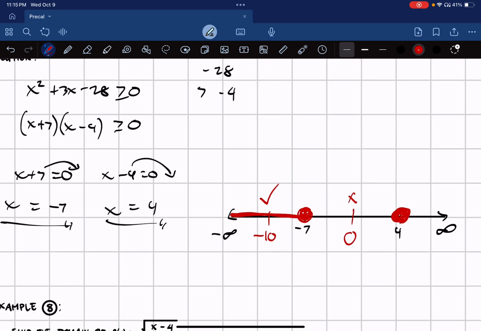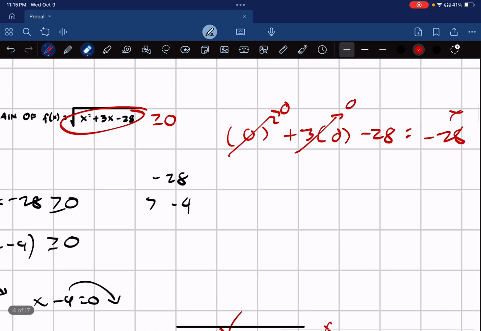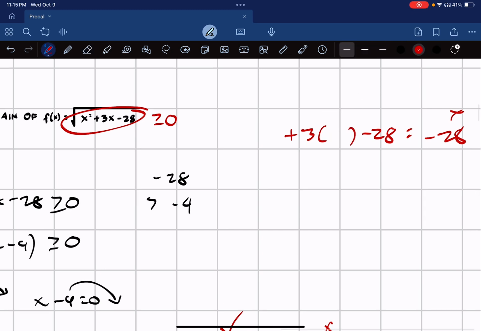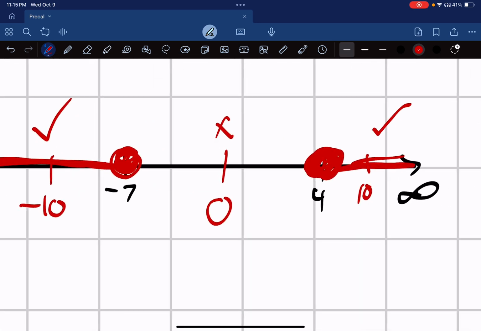And lastly is values from 4 to infinity. We can have 10. So if you input 10, 10 squared is 100 plus 30 minus 28 is 102. Okay, positive. So, this one is okay.